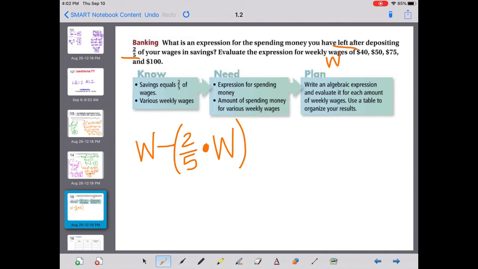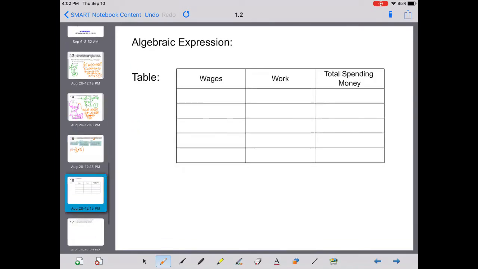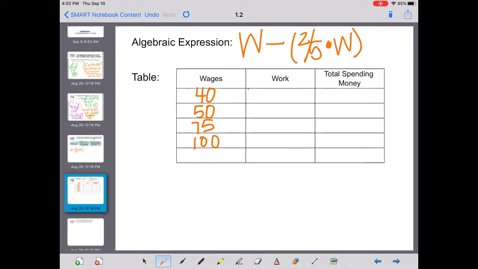On the next page we have a table that we can use, and they want us to put in $40 for wages, $50, $75, and $100 and try it out. In the work section, you're just going to show your work. So in place of the W, our algebraic expression was W minus the quantity 2/5 times W. So 40 minus 2/5 times 40.